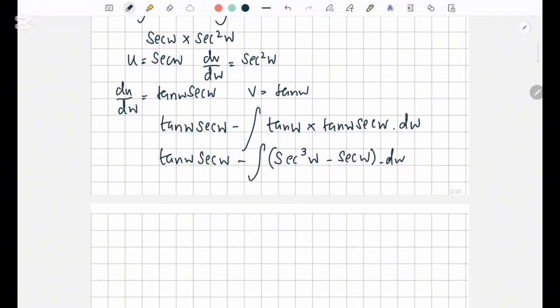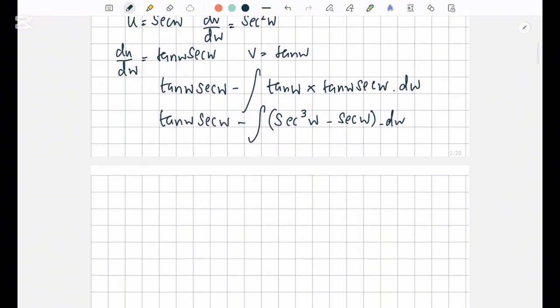So now you can see, if you expand the brackets with this negative sign, we have tan w sec w minus the integration of sec cube w plus the integration of sec w dw.